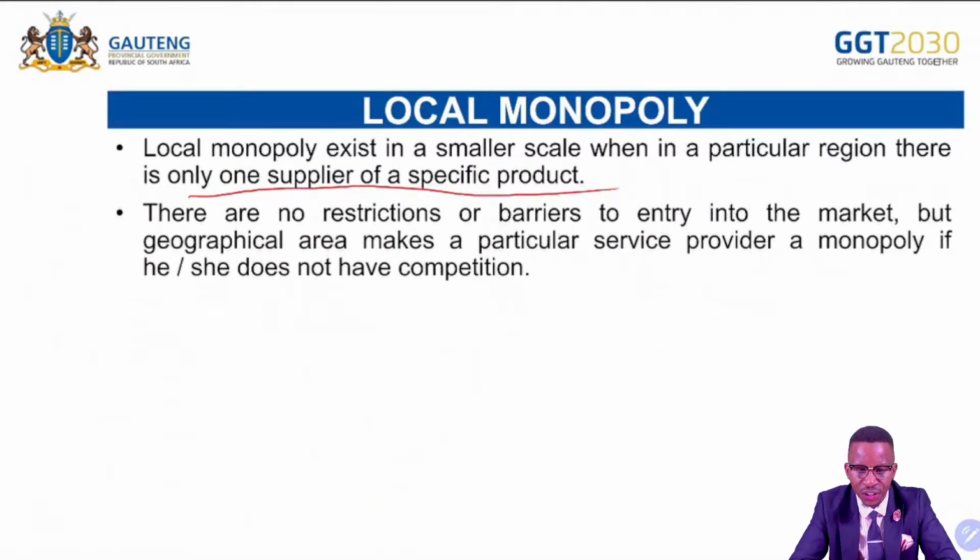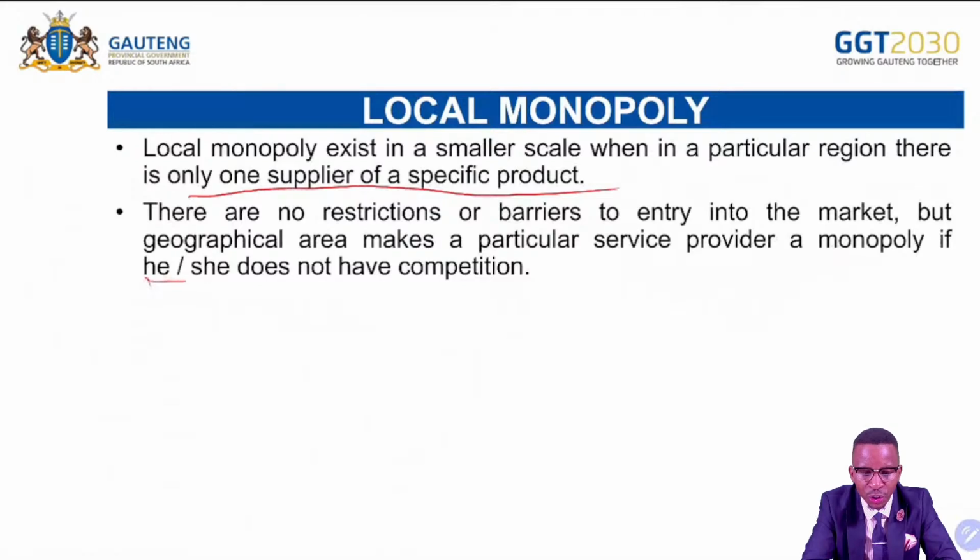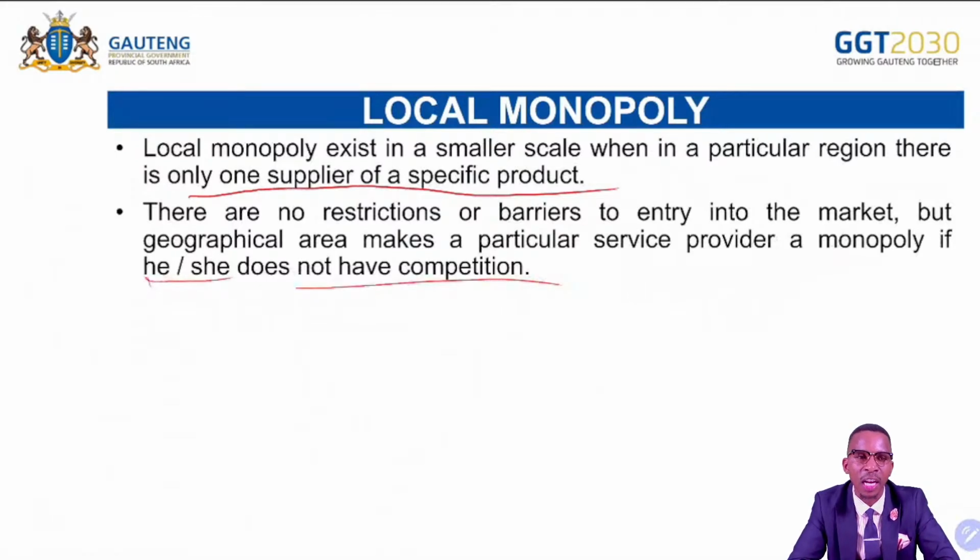There are no restrictions or barriers to entry into the market, but geographical area makes a particular service provider a monopoly if he or she does not have competition. Like I mentioned, if there is a certain general doctor in a particular region who does not have any competitor within that region, that general doctor becomes a local monopoly in that area because he or she is not facing any competition.